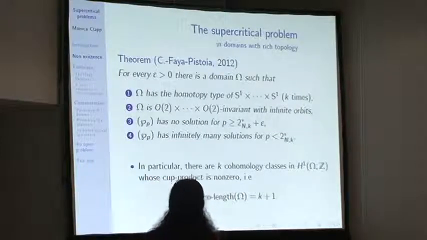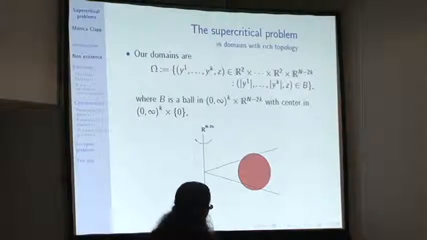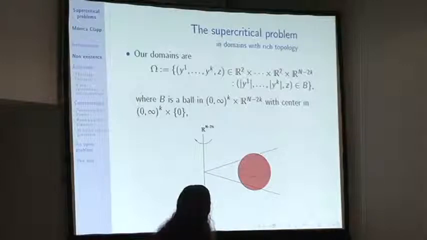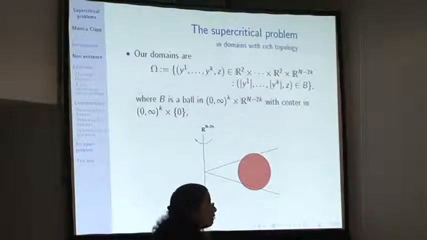So now we have seen some examples of non-existence. Our domains are very similar to those of Passaggio. Now what we take is the positive quadrant in dimension k. We multiply it with R^(n-2k), and we take a ball with center in this quadrant. And then we rotate each coordinate separately. So the first coordinate is rotated to obtain a circle, the second coordinate the same.